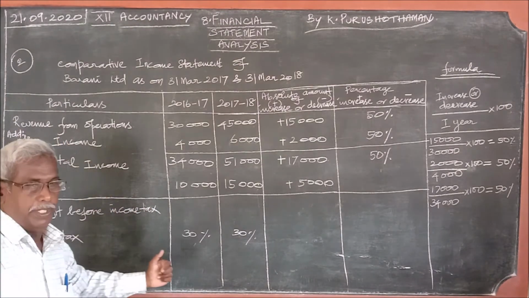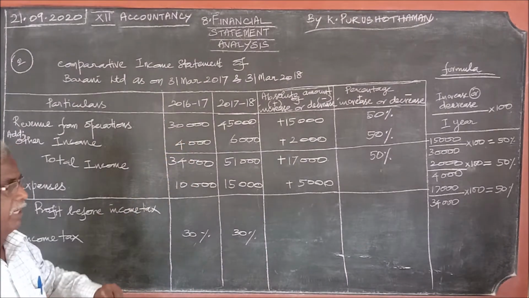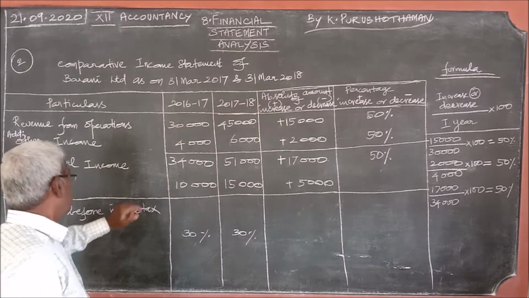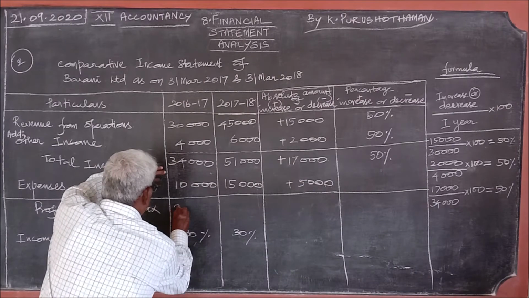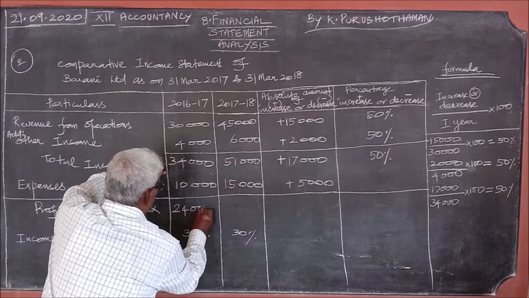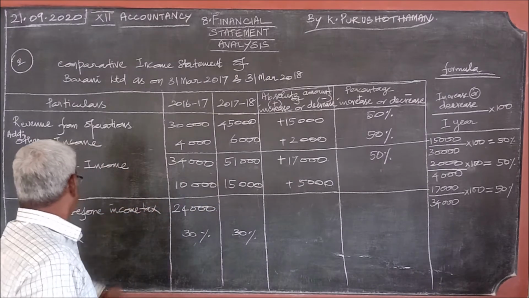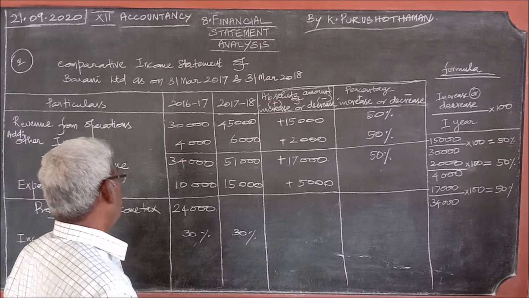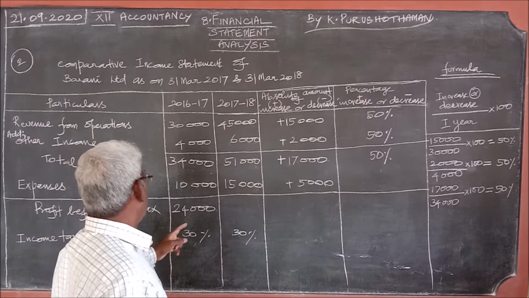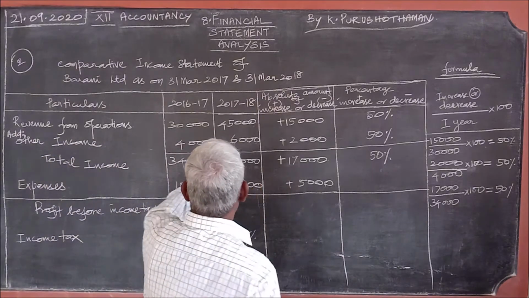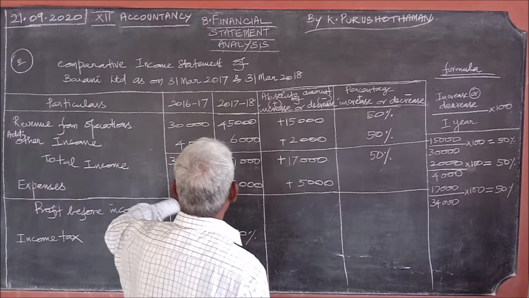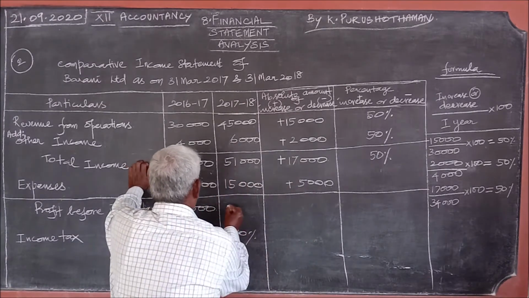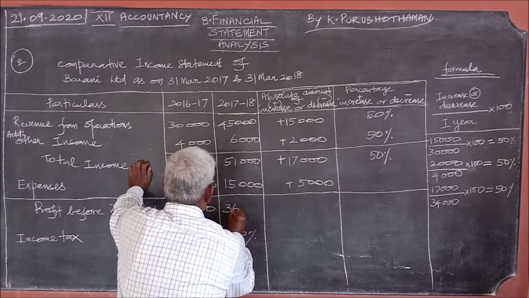Income minus expense. 34 minus 10, 24,000. And 51 minus 15, how much? 36,000.